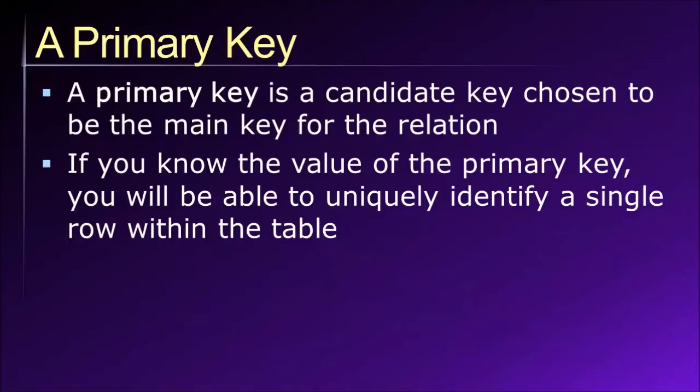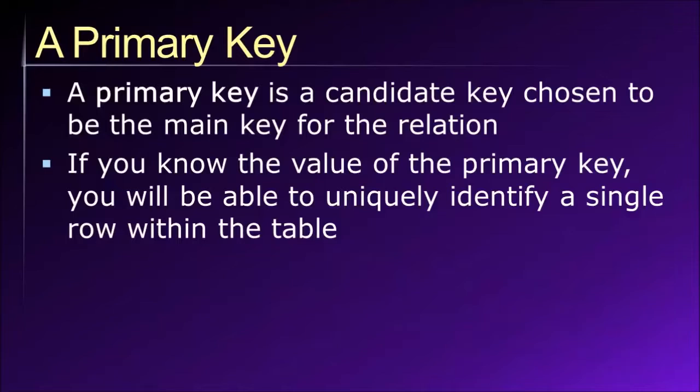As is currently shown on your slide, a primary key is chosen to be the main identifier for a relation. That is to say, the primary key is a unique key, and if we know the value of the primary key, then we will always be able to locate a specific single row within the table.